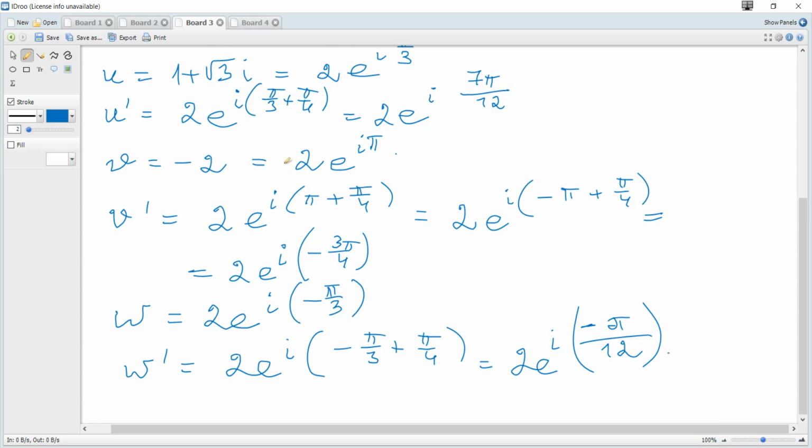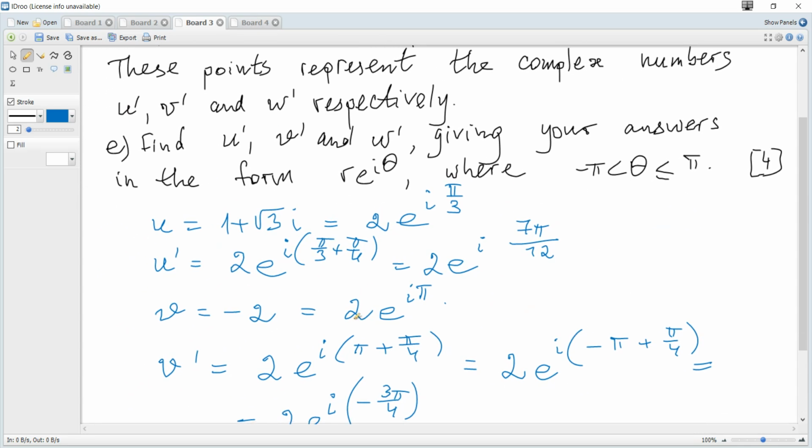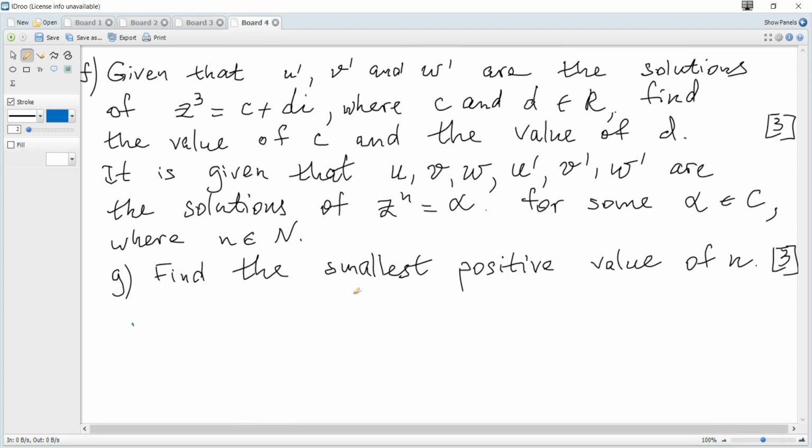The next part: given that U', V', and W' are the solutions of z cubed equals c plus di, where c and d are real, find the value of c and the value of d.